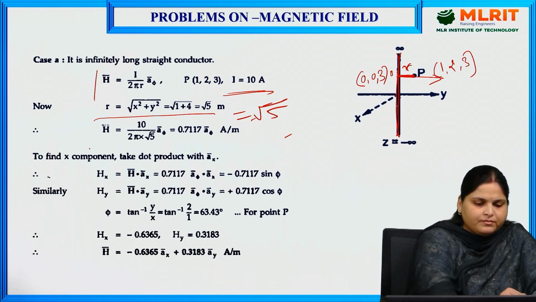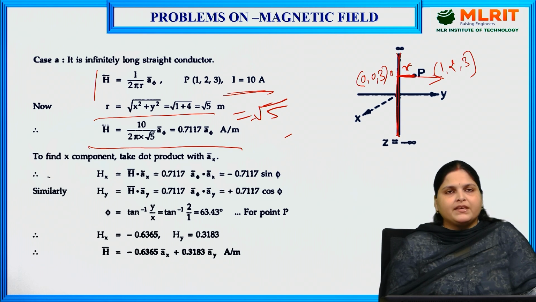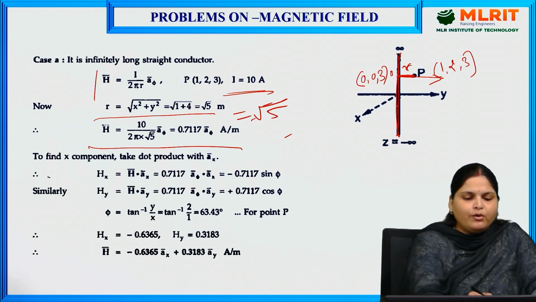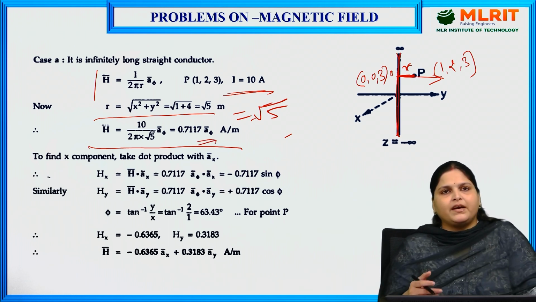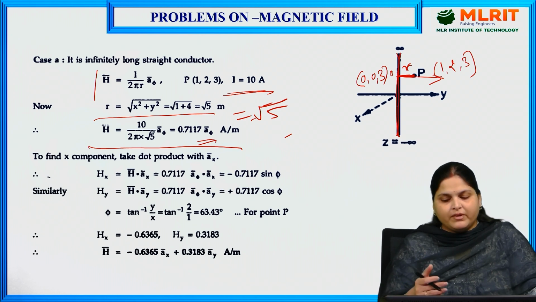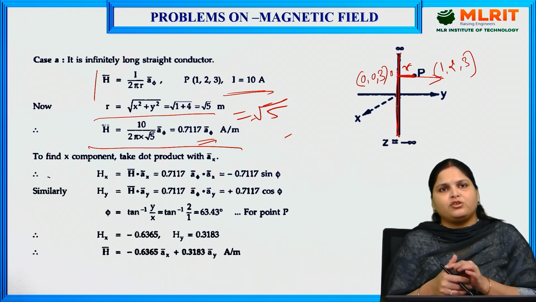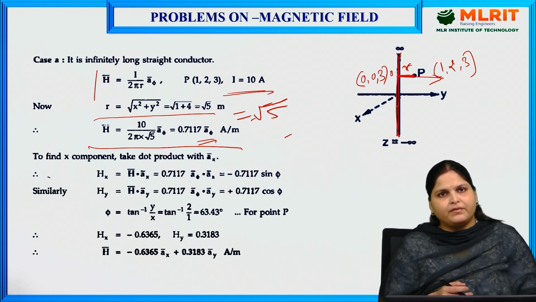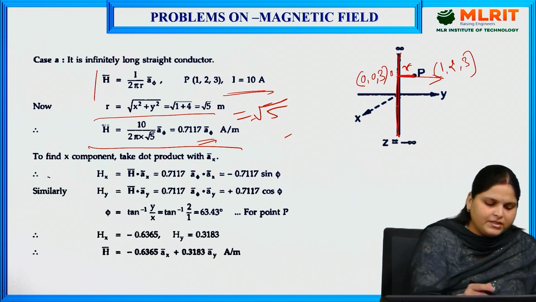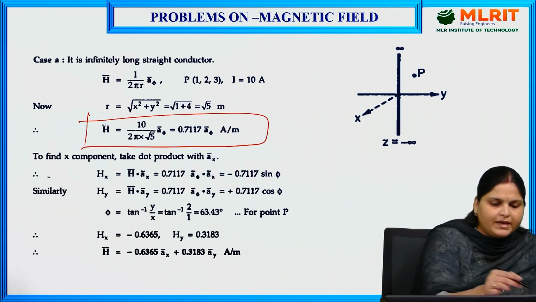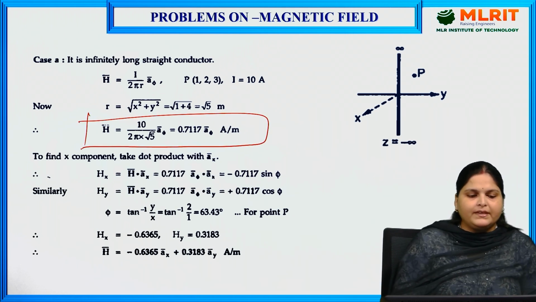Now in H, we can put I equal to 10 and R equal to under root 5, so this will become 0.717 a phi. Now how this came as a phi, we can find this direction of field by using the right hand thumb rule, where the thumb shows the direction of current and the fingers show the direction of magnetic field. So H is equal to 0.717 a phi.